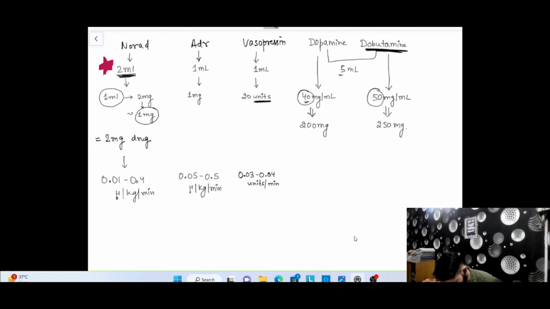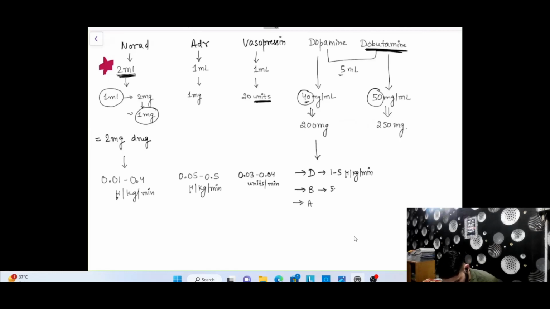For dopamine, there are three things to remember. We have already read in physiology in our junior classes that it acts on different receptors based on different concentrations that we use. So it is D, B, and A. At lower concentrations of 1 to 5 microgram per kg per minute, it acts at dopamine receptors.